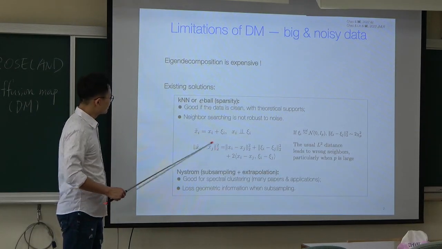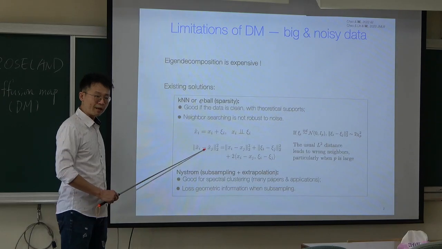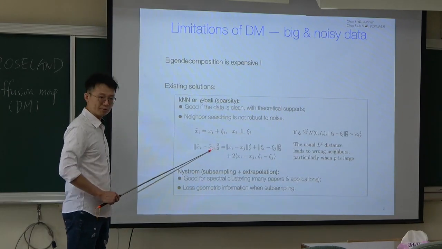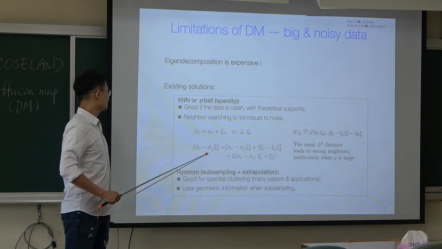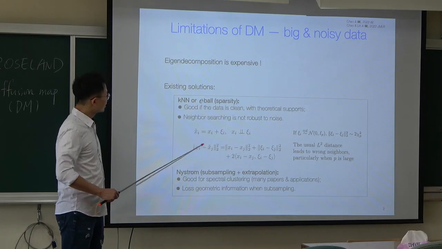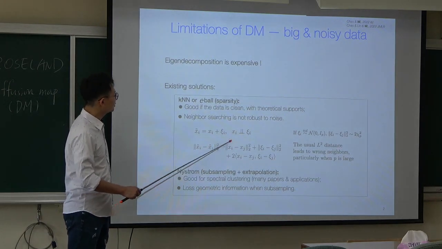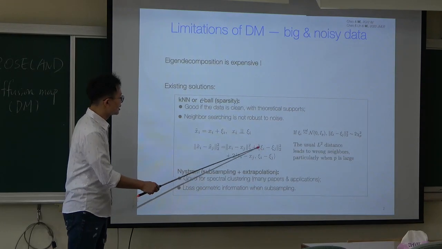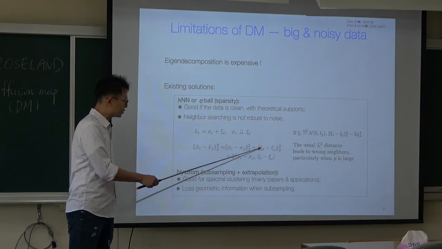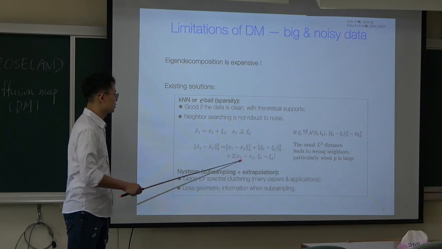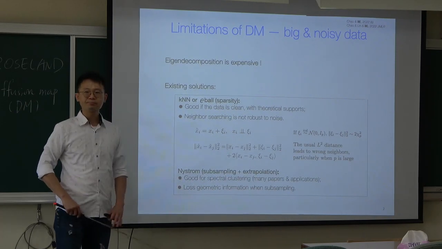With a simple calculation, you see that the L2 distance of the noisy data is the L2 distance of the clean data plus the L2 distance of the pure noise, plus the inner product of the data and the noise.